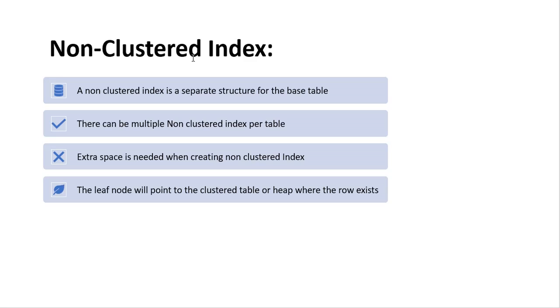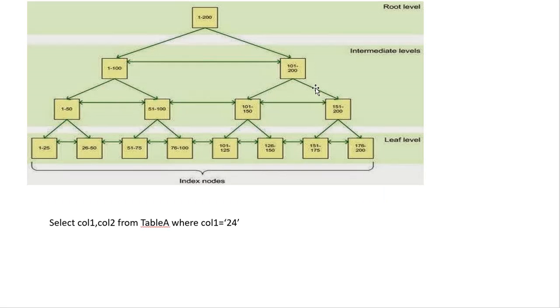The fourth one is that in a non-clustered index, the leaf node will point to the clustered table. In the previous video we discussed the B-tree kind of structure. Whenever you create any index, it will have three levels: the root level, the intermediate level, and the leaf level.